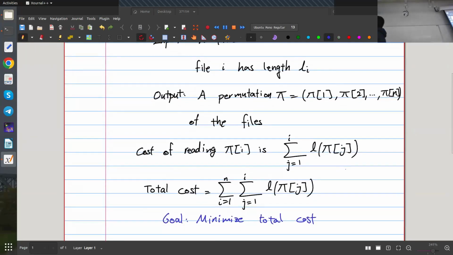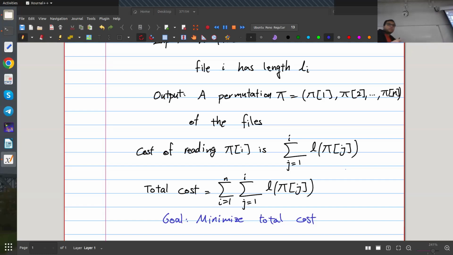I'm just going to do the first thing that comes to my mind. Let's just sort the files based on their length, and let's put the shorter files first, right? Intuitively, that makes sense, because if I'm putting a file at position 1, it's contributing to the cost of every other file.